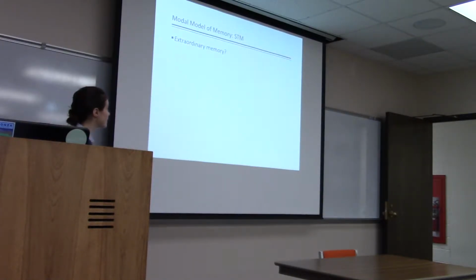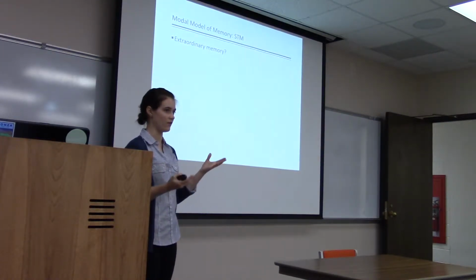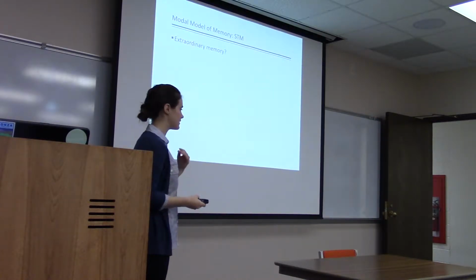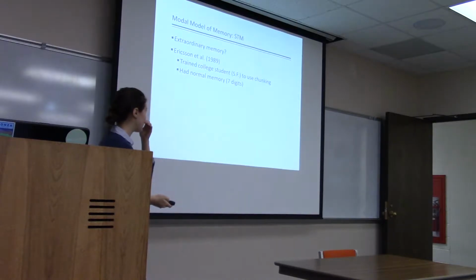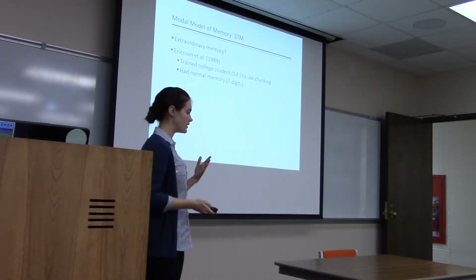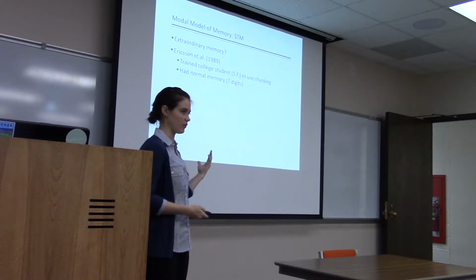So this leads into the last portion of my part of today's lecture, and this leads into extraordinary memory. There was a study in 1989 by Ericsson et al., and they trained a college student to use chunking, the strategy that we just applied.